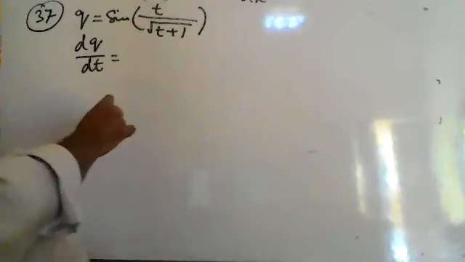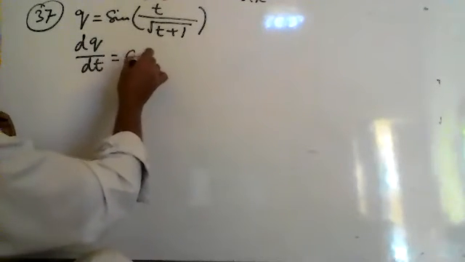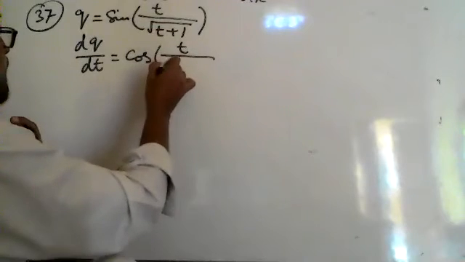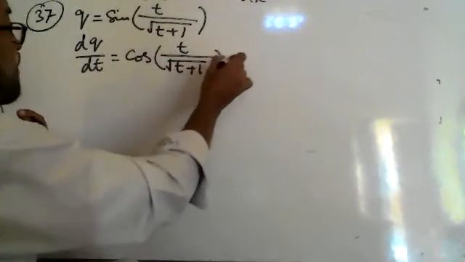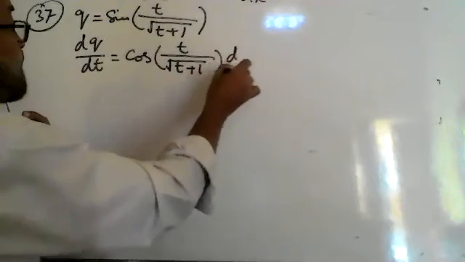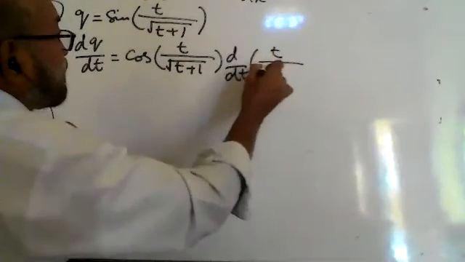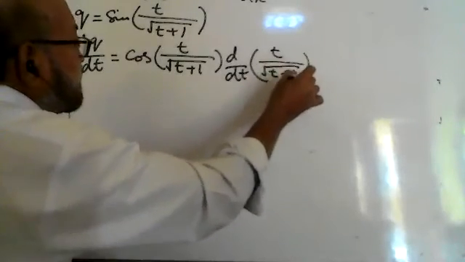The derivative of sine will be cos of the same thing, into derivative of this one, t upon root t plus 1.